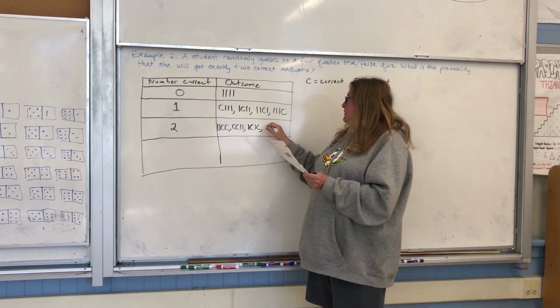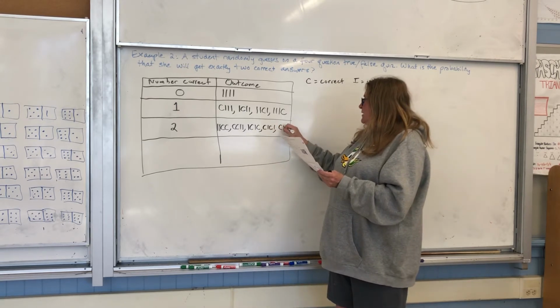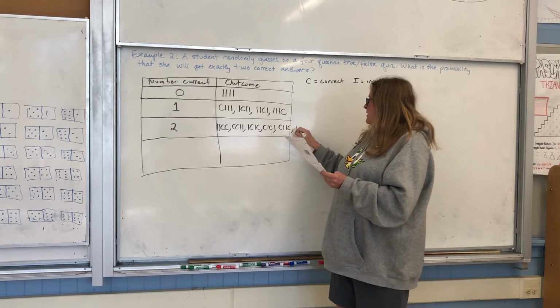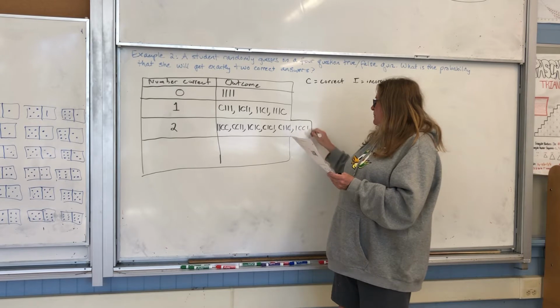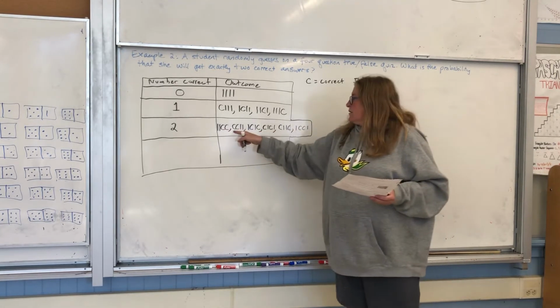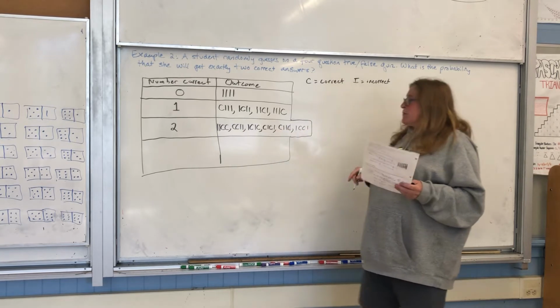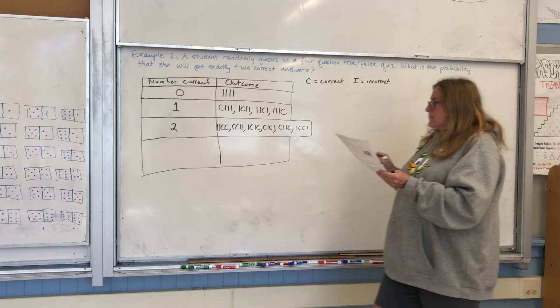Or she could get the first and the third right. Right? Or she could get the outer one, the first and the fourth right. Or she could get that. Oops, I didn't make my thing long enough. So let's count them up. 1, 2, 3, 4, 5, 6 possible ways for her to get 2 of them correct.